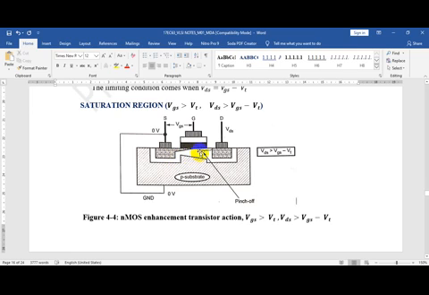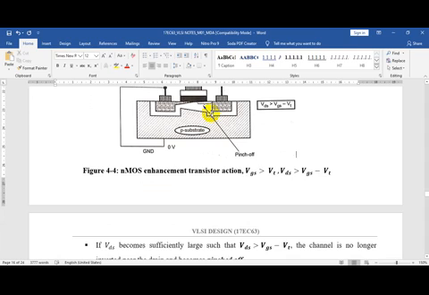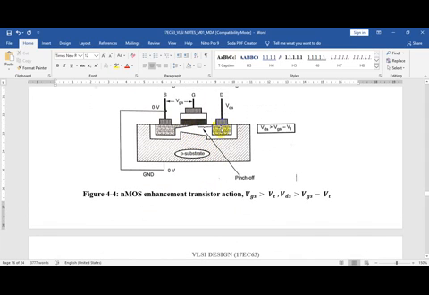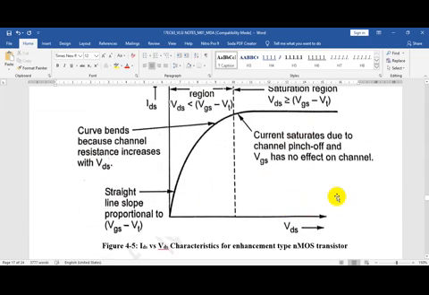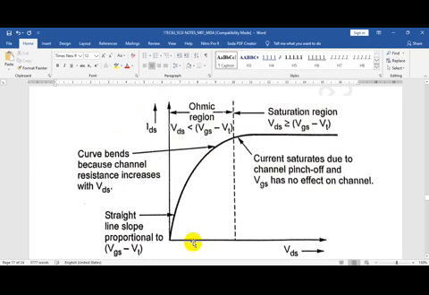Though the channel has been inverted at the drain region, the conduction still takes place, and the transistor is said to be in the on condition. The same has been depicted in this diagram. When VDS is less than VGS minus VT, you can see a linear curve.